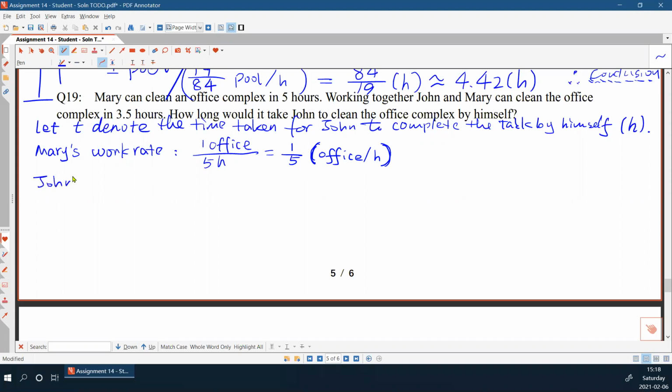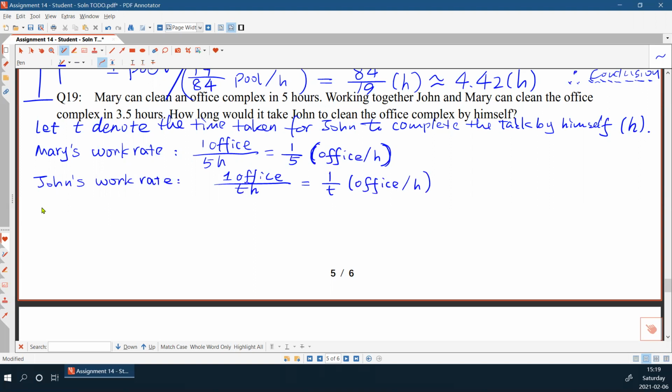And John's work rate, because we have used the letter T to denote the time taken for John to complete the task by himself, is 1 office over T hours. So John's work rate is 1 over T office per hour. That means for 1 hour, John can clean 1 over T of the office.